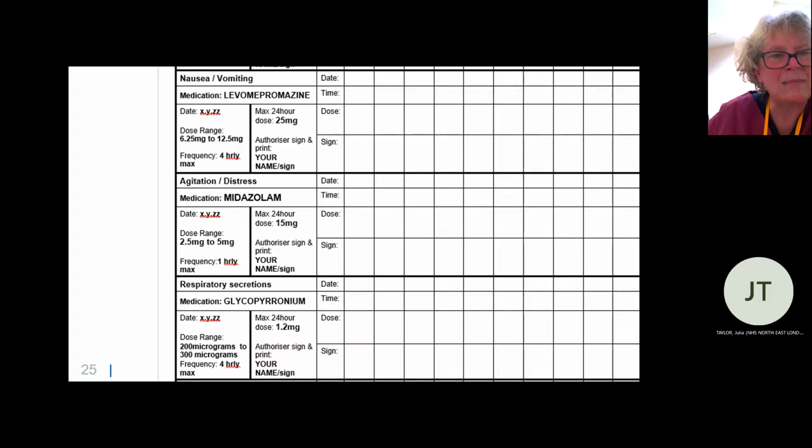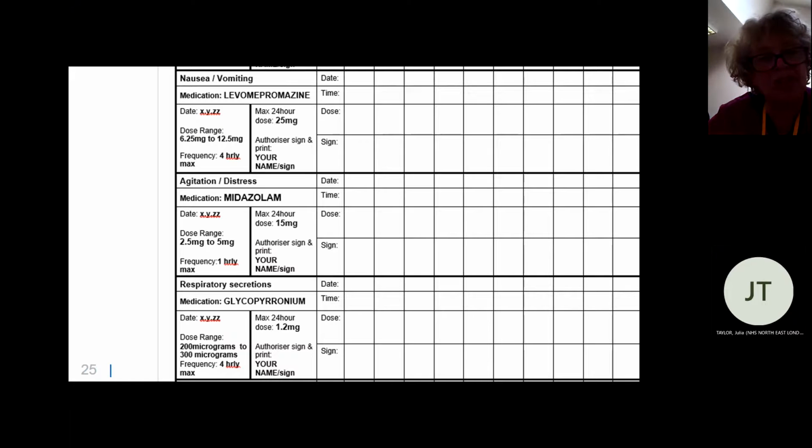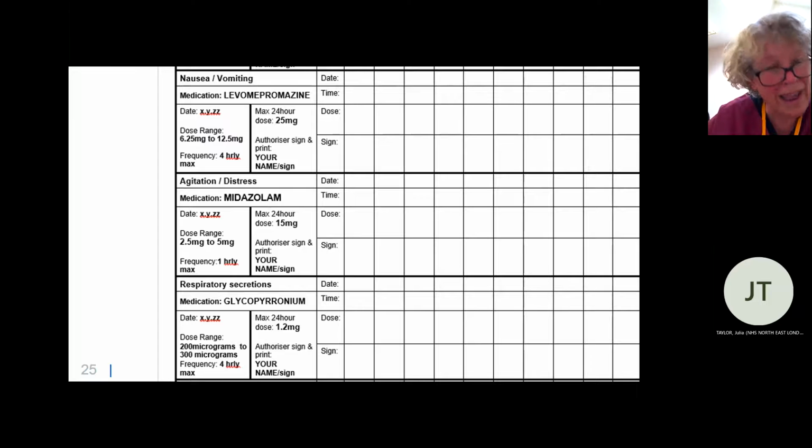Just looking more closely at the antiemetic, I've chosen levomepromazine as a really useful broad spectrum antiemetic where I can provide a range. So I've provided a range, the 4 hourly max lockout and 25 milligrams as a max. Midazolam, back to very standard start doses, just as per opioid, with a frequency 1 hourly max, because seeing sustained distress is so difficult.